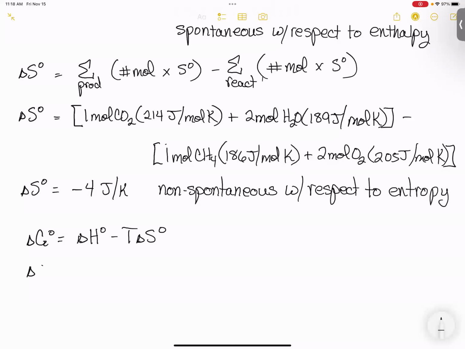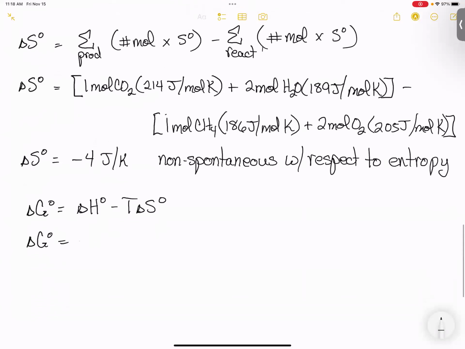So our delta G naught is going to equal -802.5 kilojoules minus T. Now, folks, if you are not given a temperature, assume it is under regular conditions, which is 25 degrees Celsius or 298 K, times delta S naught, which we calculated as negative 0.004 kilojoules per Kelvin.